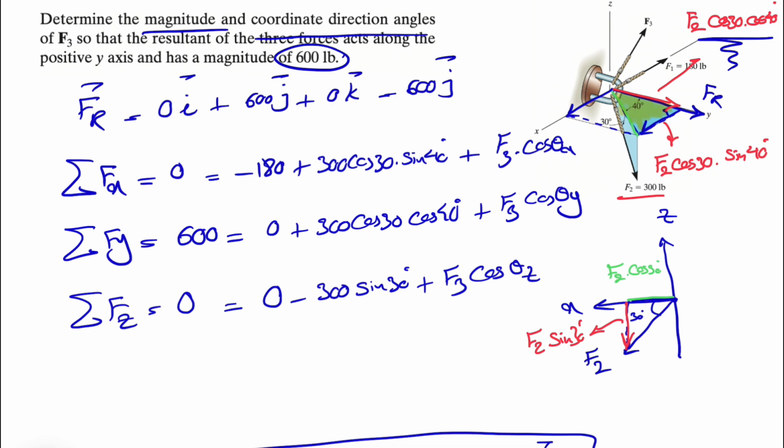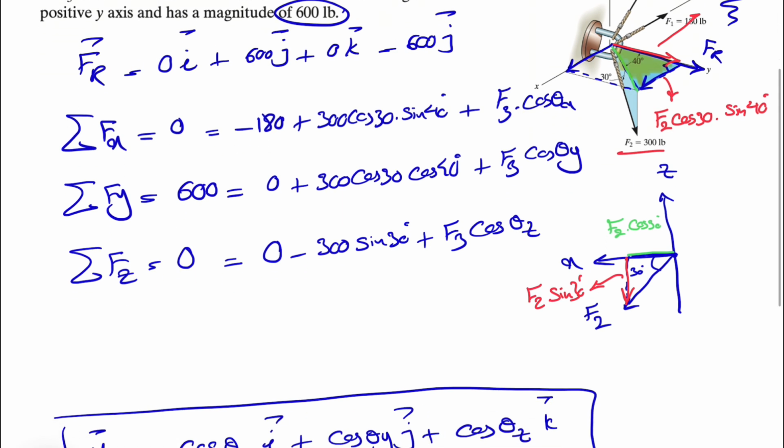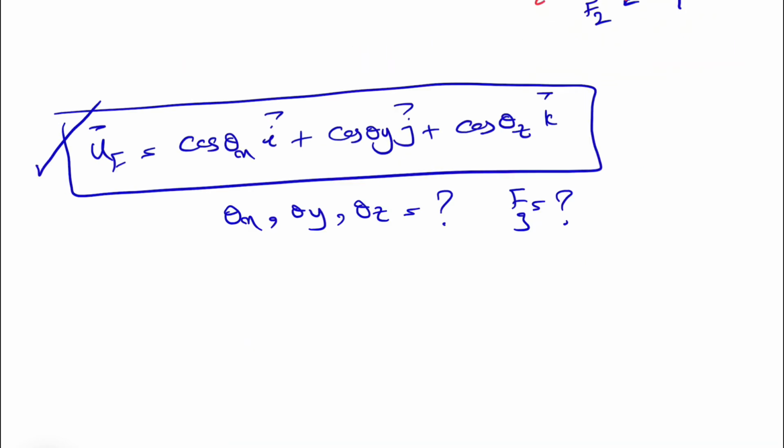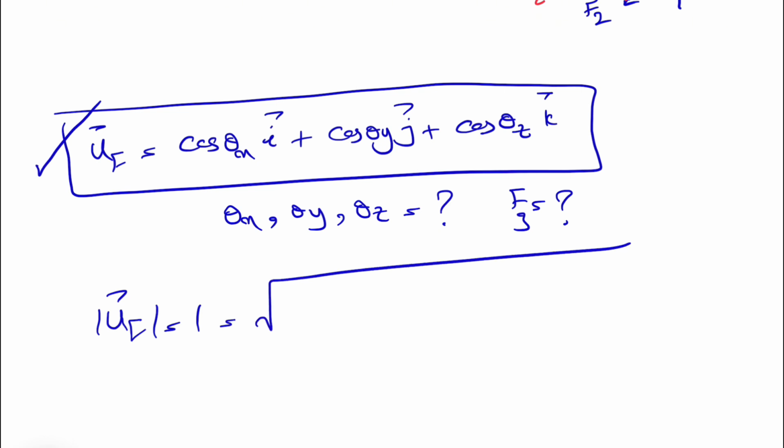So far we have 3 equations, and another formula that we also covered in the previous video was that we know that the magnitude of the unit vector is 1. And for finding the magnitude, let's just write it down in here. The magnitude of a unit vector is 1, which for any vector, we have the x component plus cosine squared of theta y plus cosine squared of theta z.